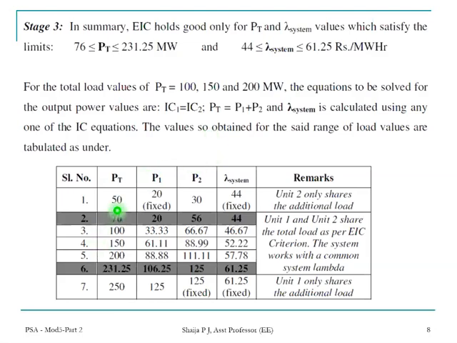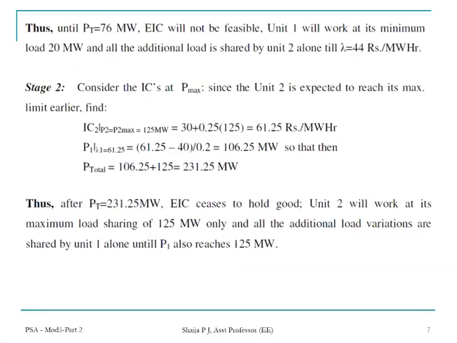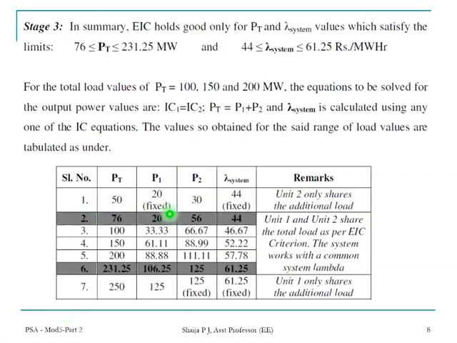Suppose P total is 50, because in the problem you are asked to find it from 50 to 250 megawatt. So if it is 50 megawatt, P1 will be 20, it will be fixed, P2 will be 30, and unit 2 only shares the additional load. Because lambda system was fixed as 44.